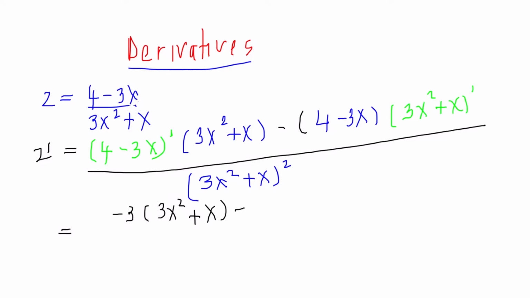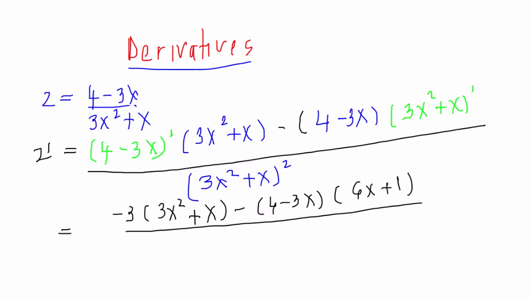Then I subtract that from 4 minus 3x multiplied with the derivative of this other one, which is 6x plus 1. Then I divide all of that by the denominator squared, which is 3x squared plus x, and then I square it. Remember, we are not going to expand the denominator, just leave it the way it is.